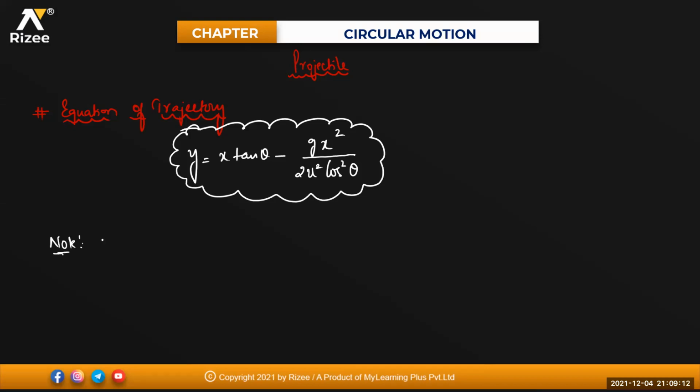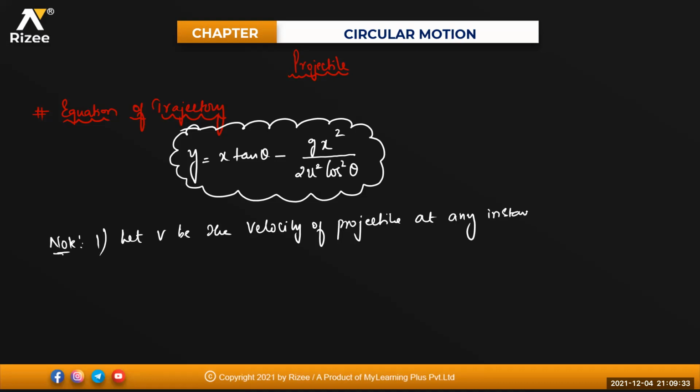Now see here. In this one, these are very, very important points which you need to remember. Number one: let v be the velocity of the projectile at any instant of time, and it is inclined at an angle beta with the horizontal.